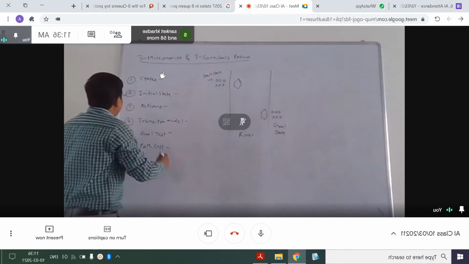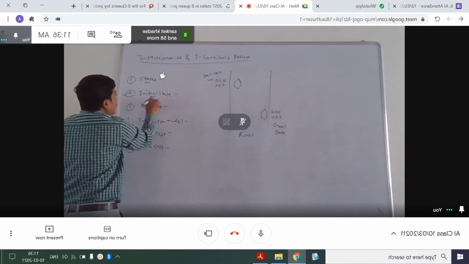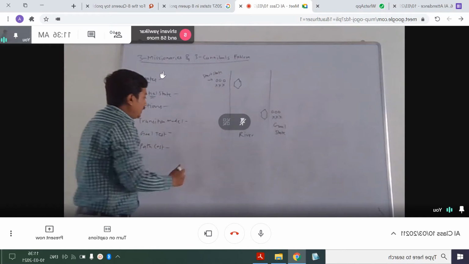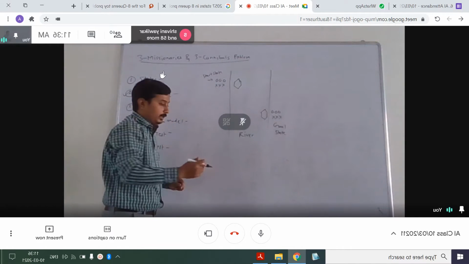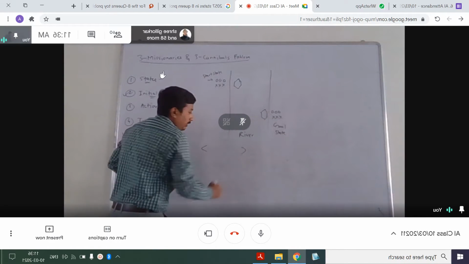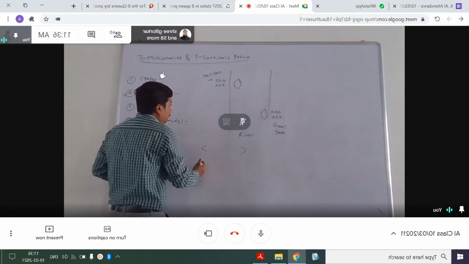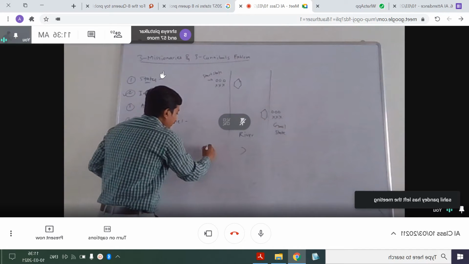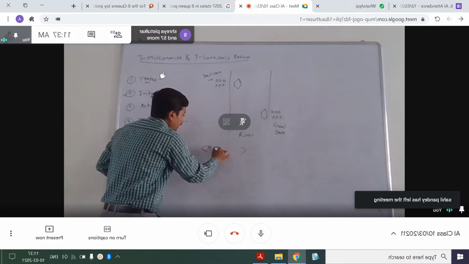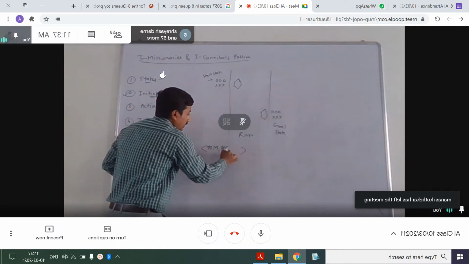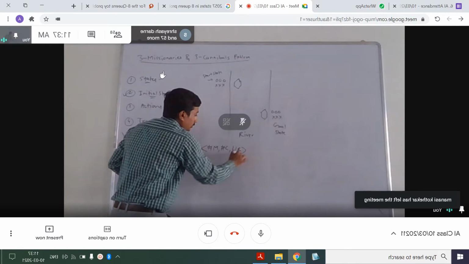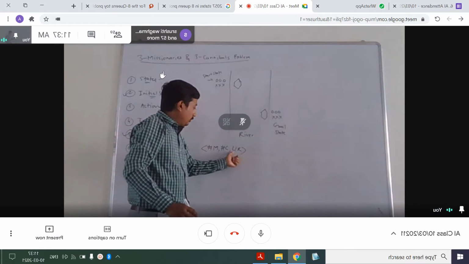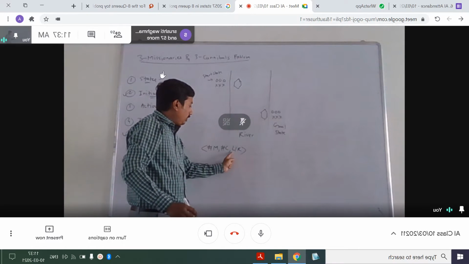Now, how to represent the state? For that, we have to make one notation. We'll represent the state of our problem with this tuple, where I will mention the number of missionaries, number of cannibals, and the status of the boat, whether the boat is on the left bank or the right bank.